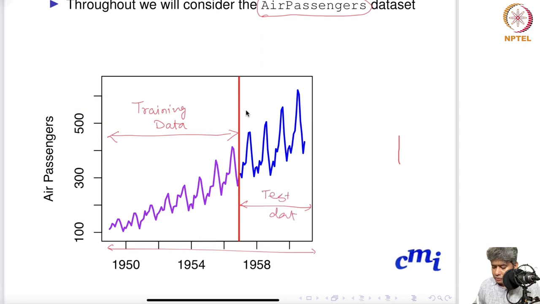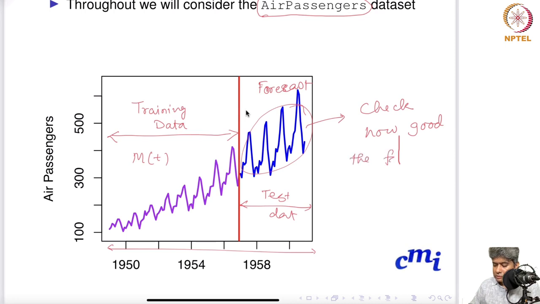We will build our model based on this training data, then do the forecast here and check how good the forecast is. This will be our main objective.